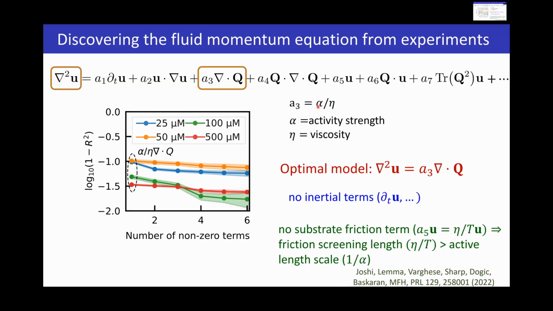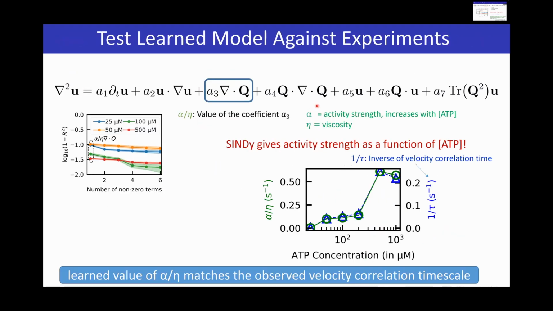This is a parameter that until now we had never been able to quantitatively measure, but we know the viscosity of the system and we get a quantitative value for A3. So we now actually have, for the first time, a measurement of the activity as a function of ATP concentration. And that's what I'm showing here.